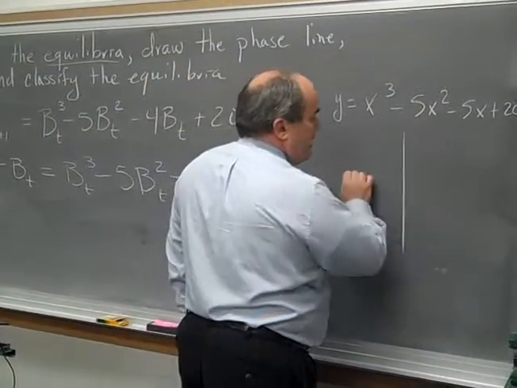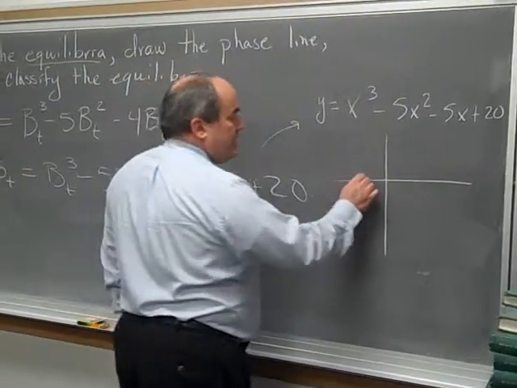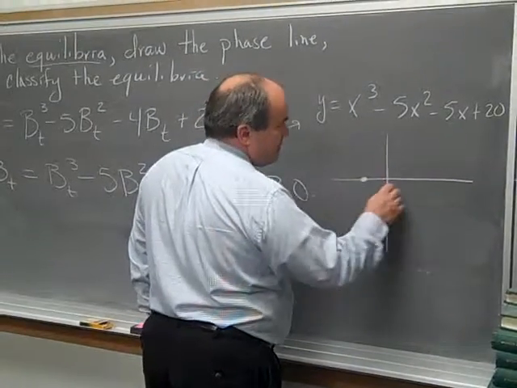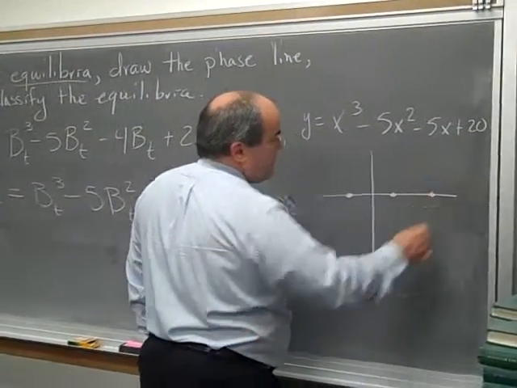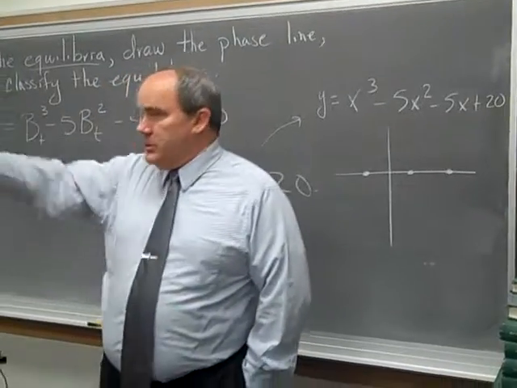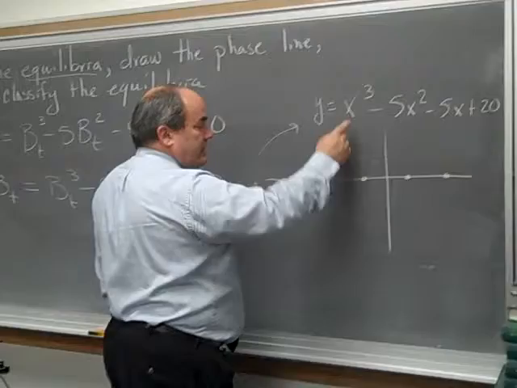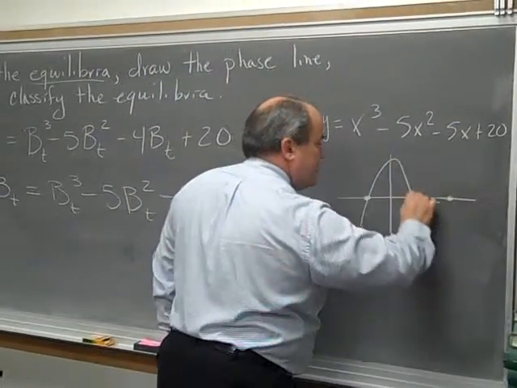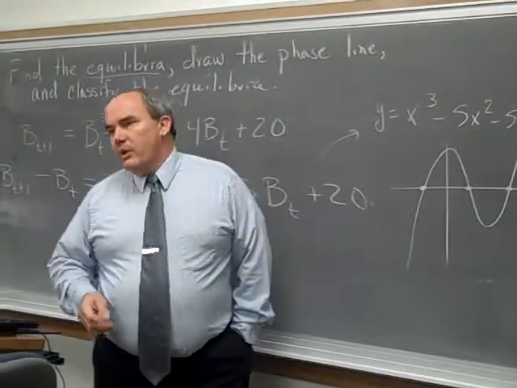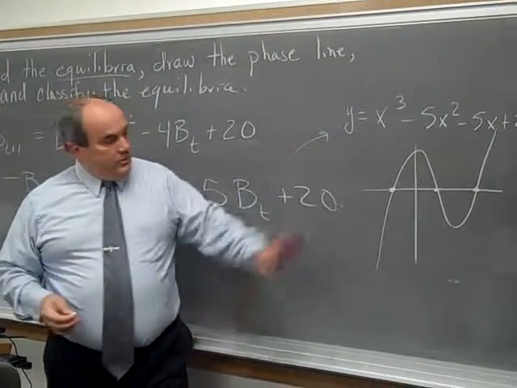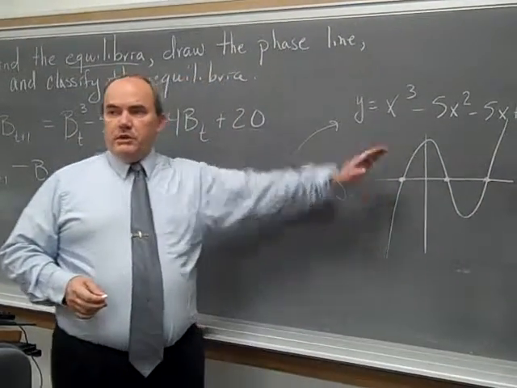If I were to graph that, I know that it has a root over here at about negative 2, 1 over here, and 5 over here. Those are my three equilibrium points. And since this has a positive number in front of the x cubed, I know that it has a shape that way, or you could go plug in a point or two just to figure out where it's negative and where it's positive.